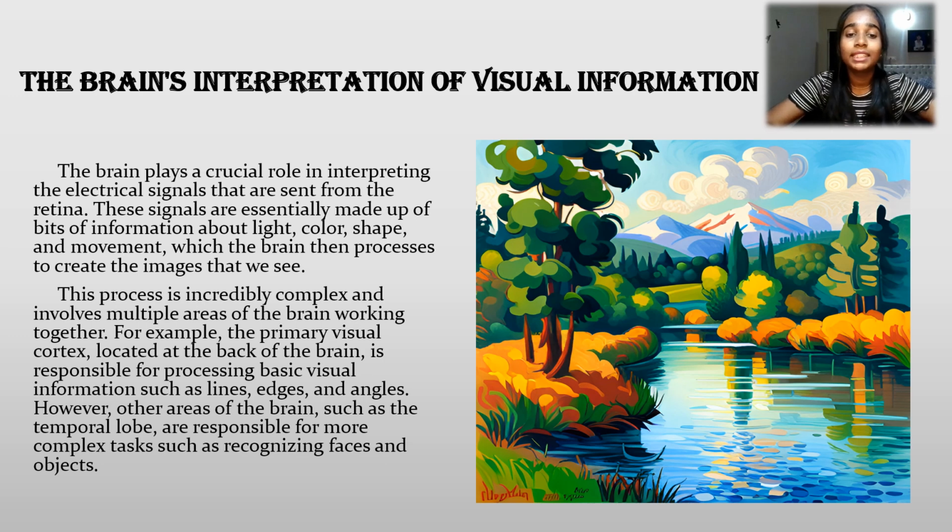This process is incredibly complex and involves multiple areas of the brain working together. For example, the primary visual cortex, located at the back of the brain, is responsible for processing basic visual information such as lines, edges, and angles. However, other areas of the brain, such as the temporal lobe, are responsible for more complex tasks such as recognizing faces.